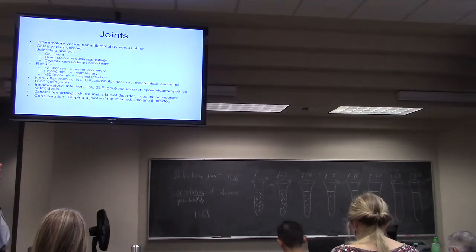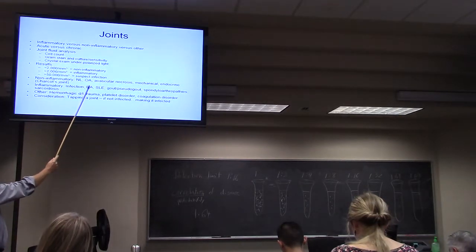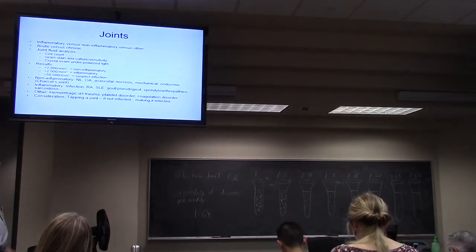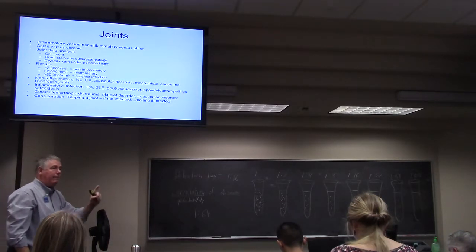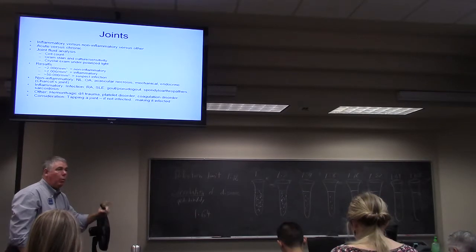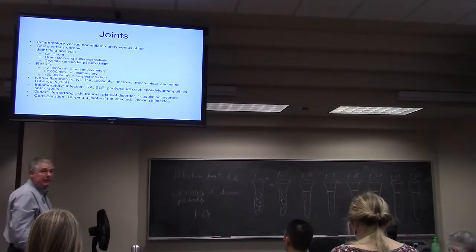If you go from 2,000 up to 50,000, then that leads you more towards an inflammatory process. Both of those are not infectious. Once the cell count gets over 50,000, that's when you call it infectious.